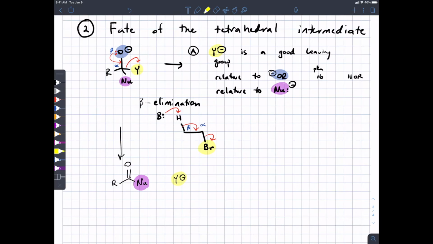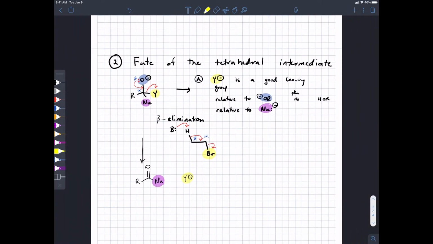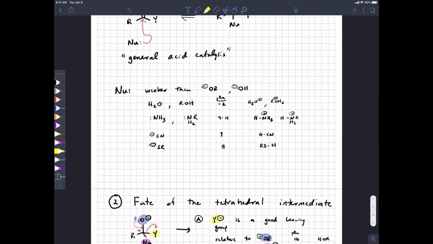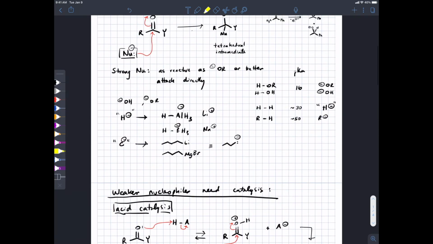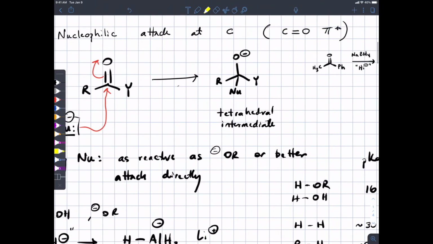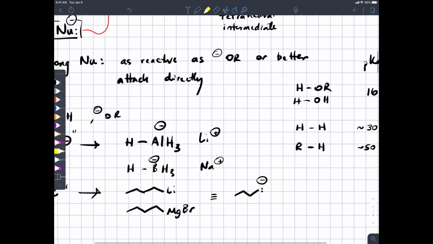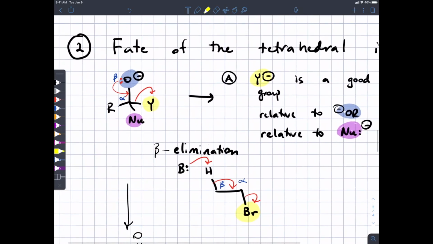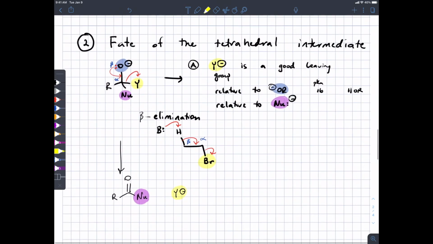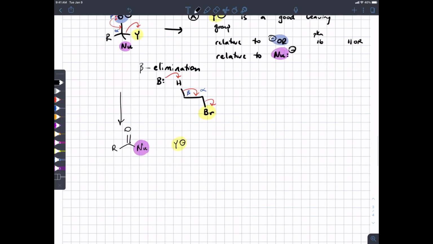Okay, so if you think about what we have done here, we had a nucleophile attack to generate a tetrahedral intermediate. And then, because the Y group was a better leaving group than the nucleophile, the negatively charged oxygen kicked off the Y group, and we ended up with a substitution product. Overall, the reaction went like this.